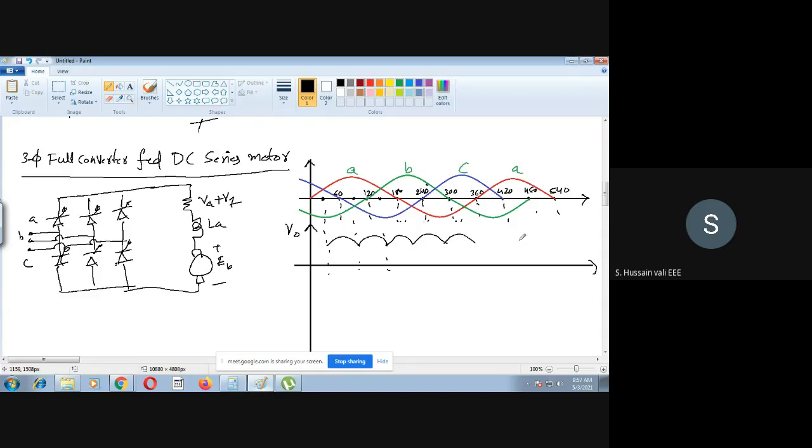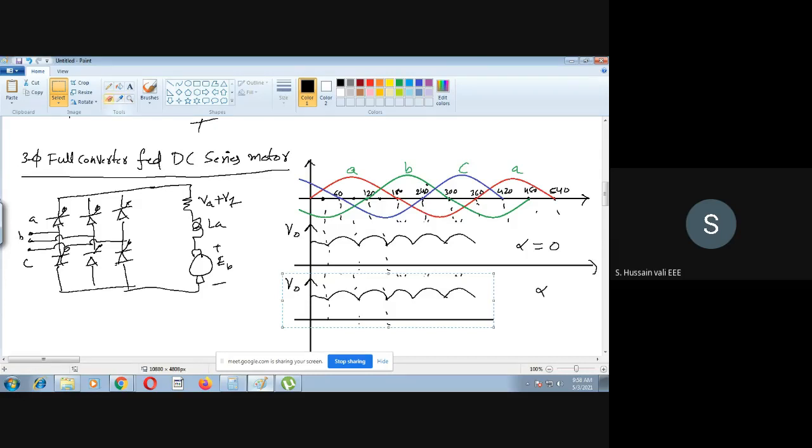Likewise, you will get it in case of alpha equal to 0. Okay, but in case alpha is not 0, then what you find is that there will be a delay. So where do you find the delay? The delay you will find here.